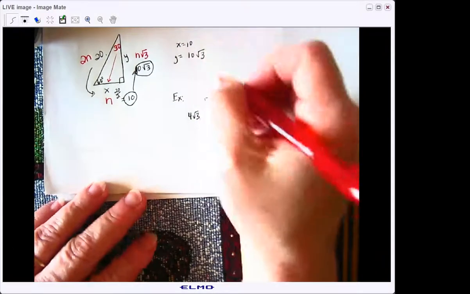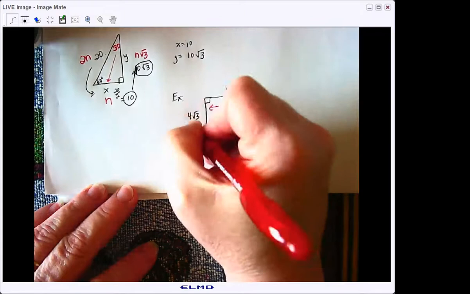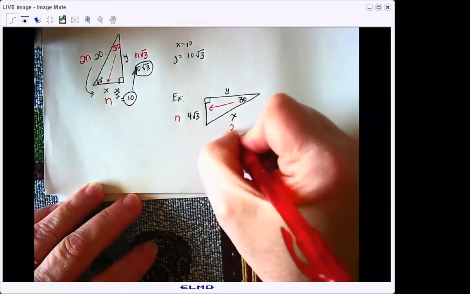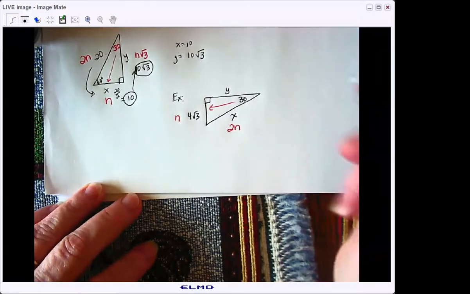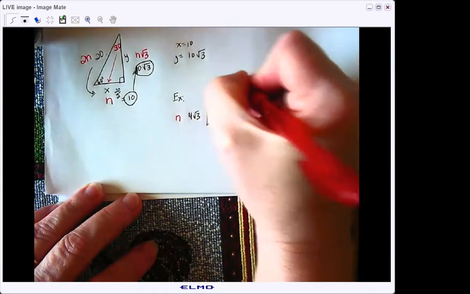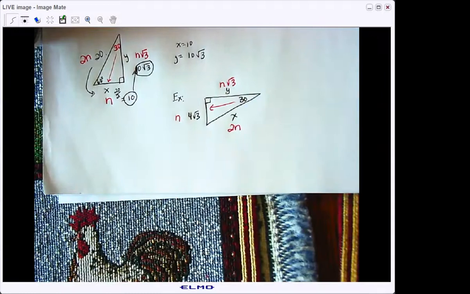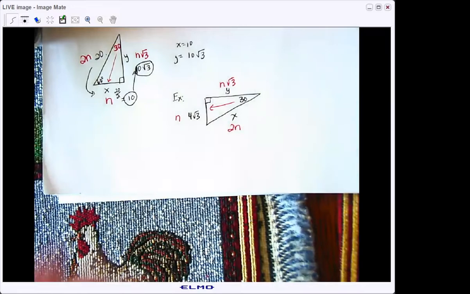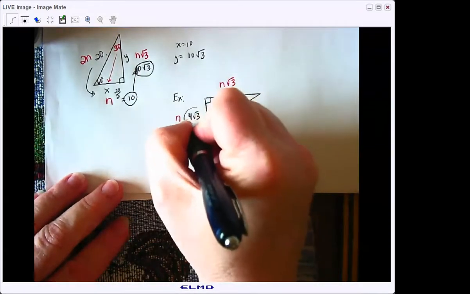Okay, so labeling, we get this is n, this is 2n, and this leg is my n root 3. So try not to be too confused, because this whole thing is my n.